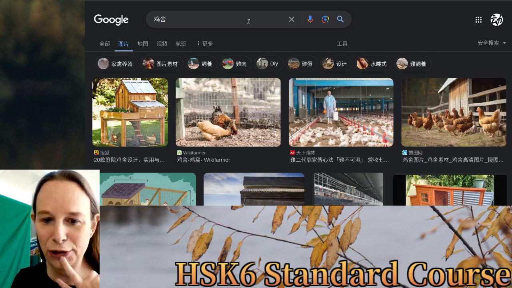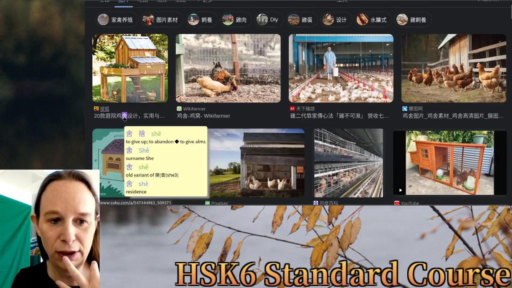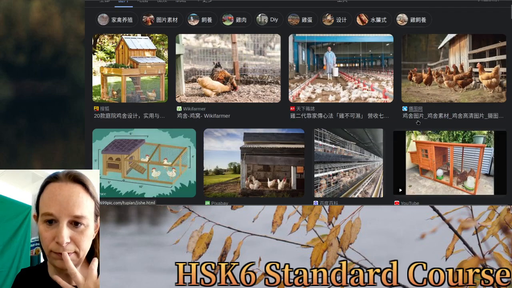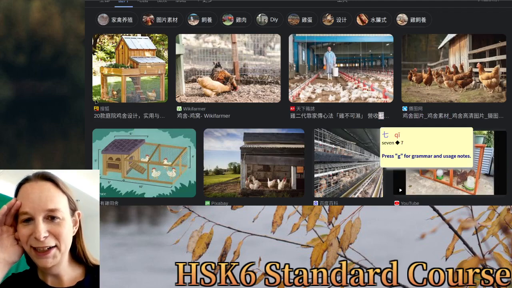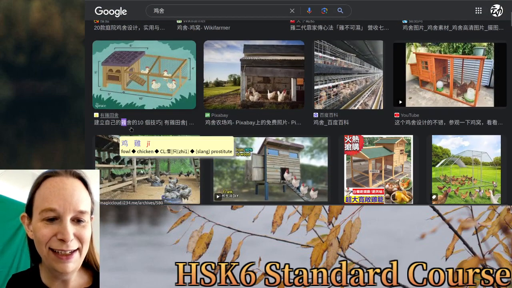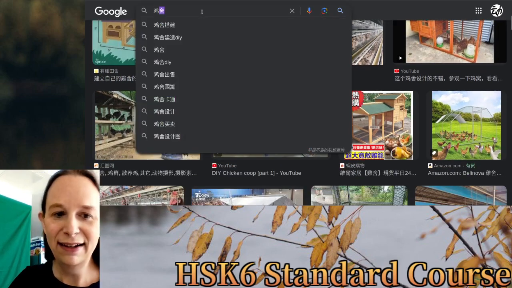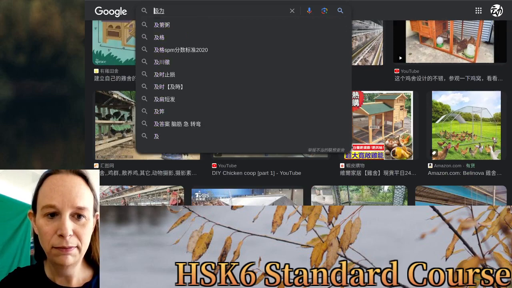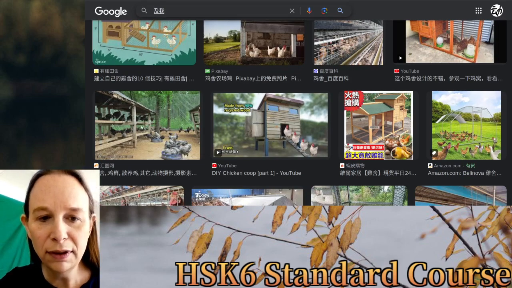There it is. 鸡舍. It's like a chicken 宿舍, a chicken dormitory. Chicken dorm. 鸡舍. Okay. So, but 鸡窝.